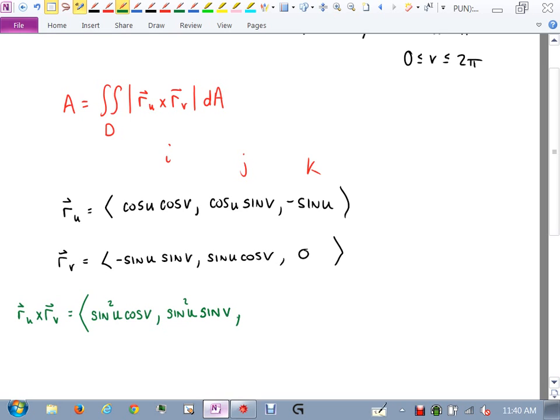Now I need my k component, which is going to be these two multiplied minus these two, but it's a negative, so plus. So it's this plus these two, without the negative there. What is this times this going to be? Cosine squared v, and then sine u cosine u.